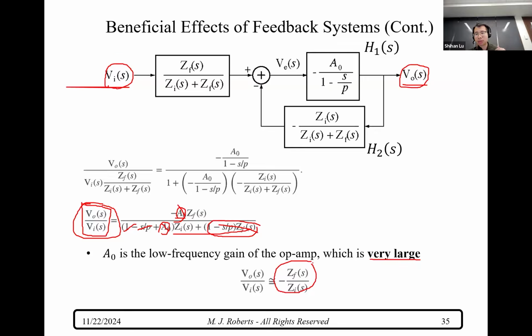Simply using such a fact or observation, you can simplify the transfer function from here to here, so that essentially you just have two parameters in the final transfer function expression, which are ZF of s and Zi of s. And let's continue.